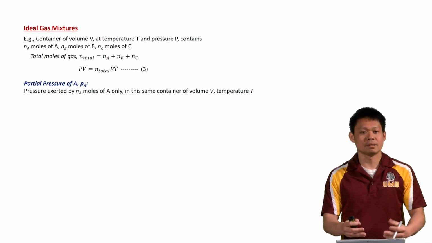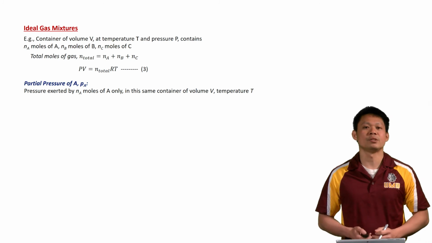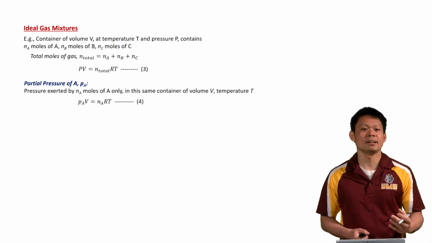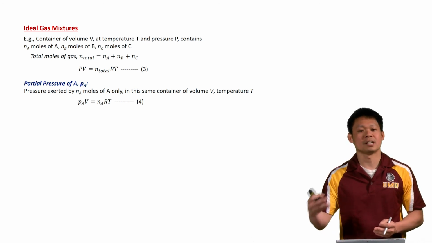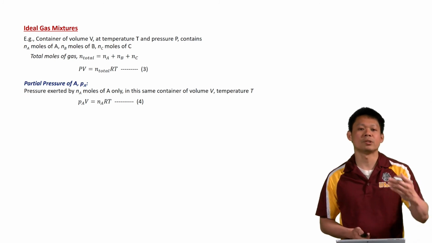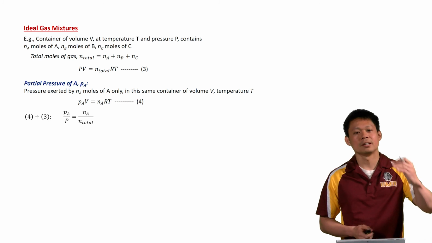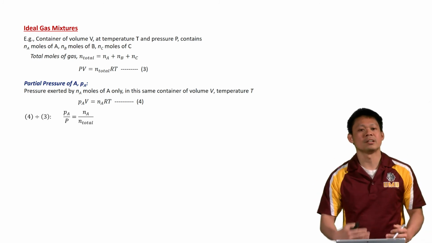If we take out the molecules of B and C, and we just apply the ideal gas equation again to just A, we have pA, our partial pressure of A, times V, is just the number of moles of A times RT. I'm going to call this equation 4. Taking 4 divided by 3, we end up with this equation: the partial pressure divided by the overall pressure equals the moles of A divided by the total number of moles.